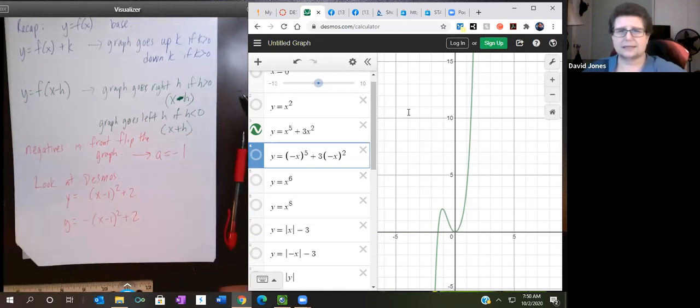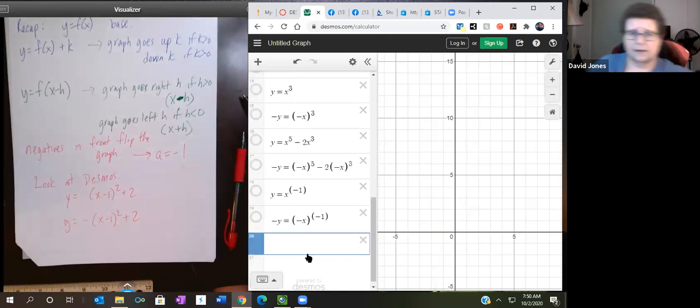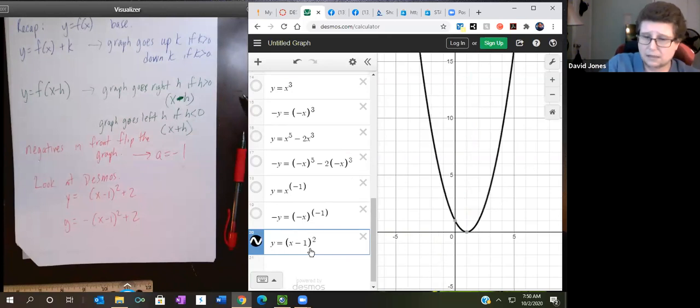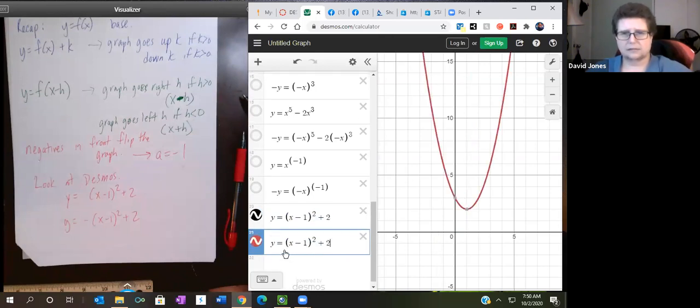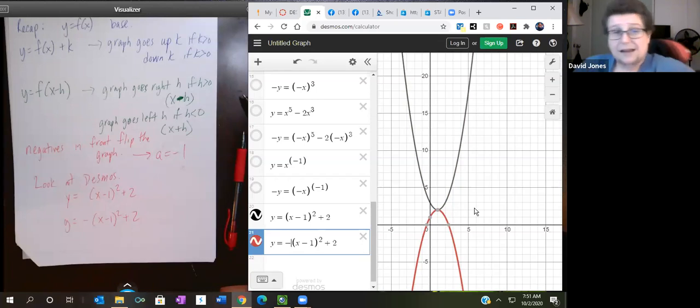Take a look at these. Copy this, and watch what happens when I put a negative in front. It flips the graph upside down. Okay? Negatives in front of the graph flip it upside down.